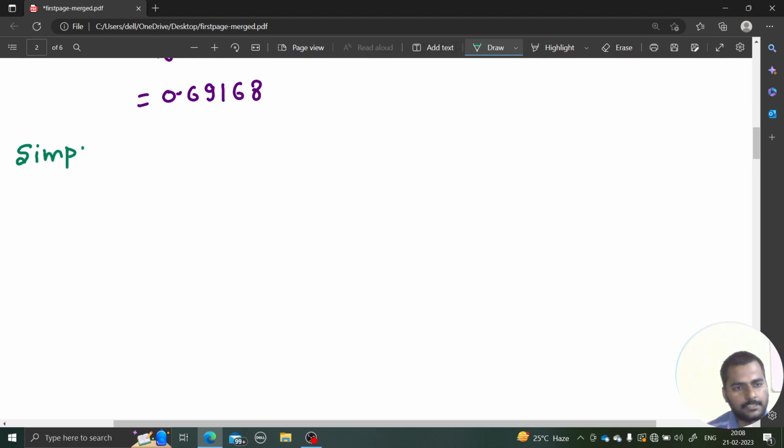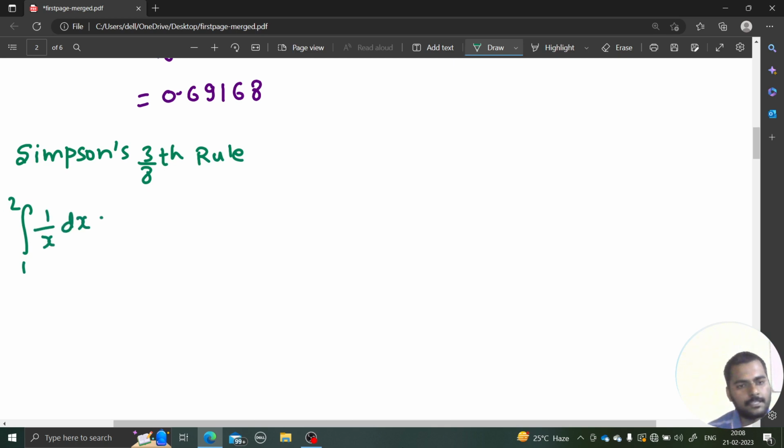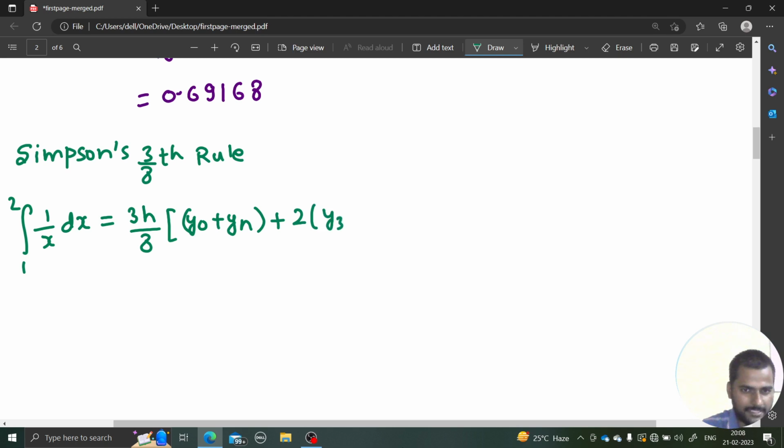The same integral from 1 to 2 of 1 upon x dx is 3h by 8, first plus last is again there, plus 2 times y3, y6, and so on, all the multiples of 3, plus 3 times whatever is remaining, except for y naught, yn and all the multiples of 3.